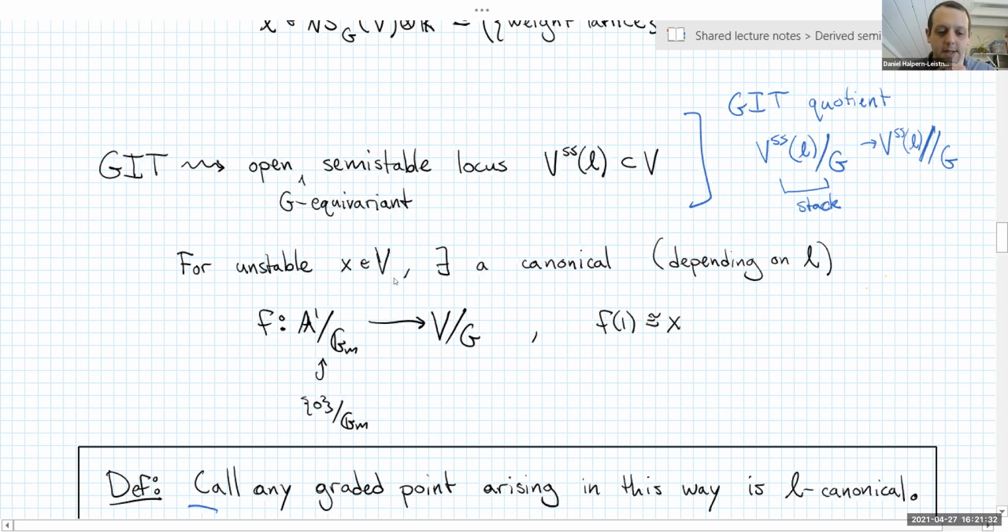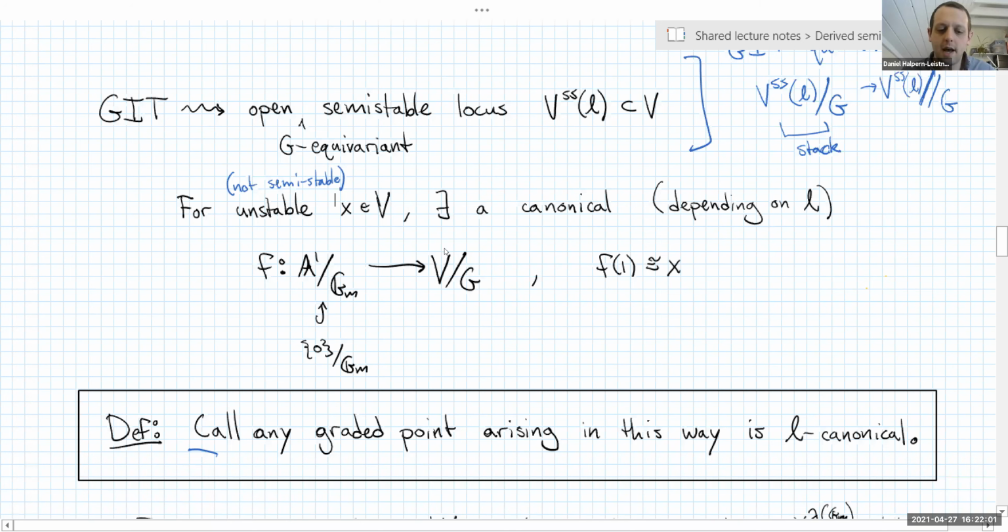The key point here is that for an unstable point in the vector space, in other words, not semistable, there's a somewhat canonical, it depends on L, and secretly it also depends on a norm on the coweight lattice of G. Anyway, for an unstable point x there's a canonical map from A^1 mod G_m to the quotient stack V mod G, with f(1) being the same as x.